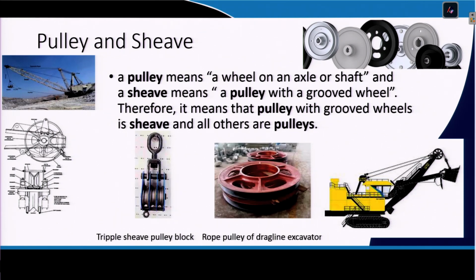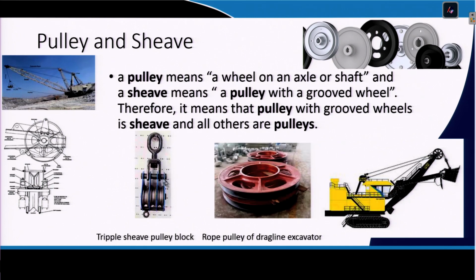You can see here that a sheave is basically a wheel on an axle or shaft, a pulley with a grooved wheel. You can see different types of pulleys where the sheave has been made by making a groove. Sometimes pulleys are used for pulling the ropes, and many of the blocks, you can see, is a triple sheave pulley block.